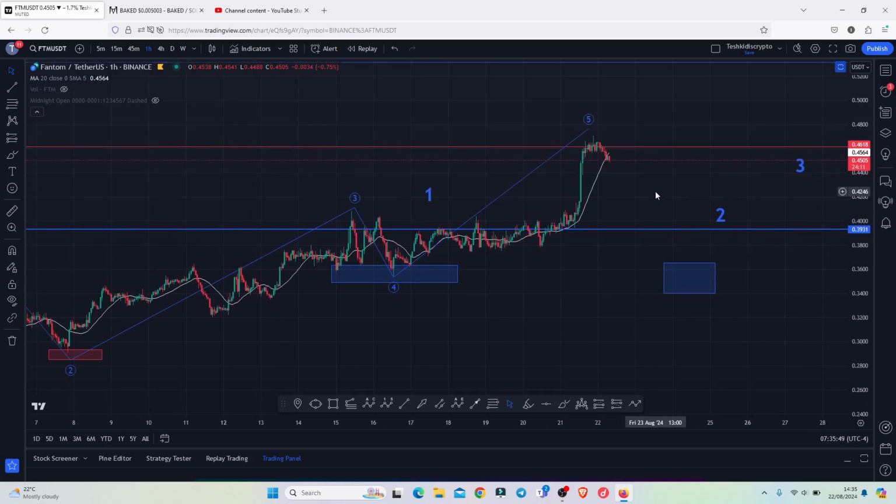And in case we see any sudden pump giving us a break above the 0.4618, then there are chances that we can easily get one more new high in the formation of this negative count 5.